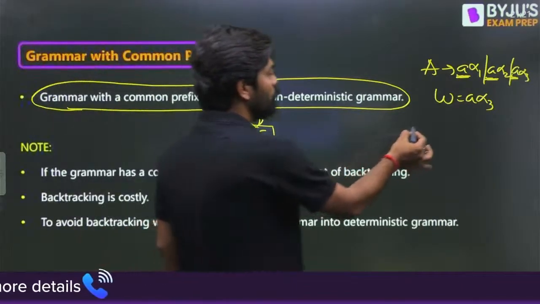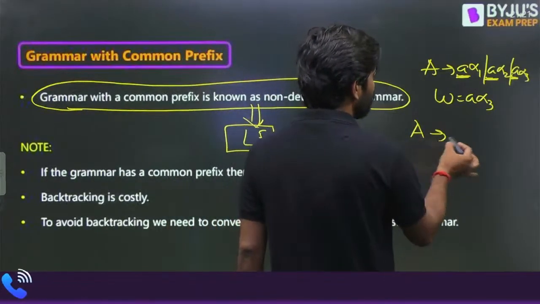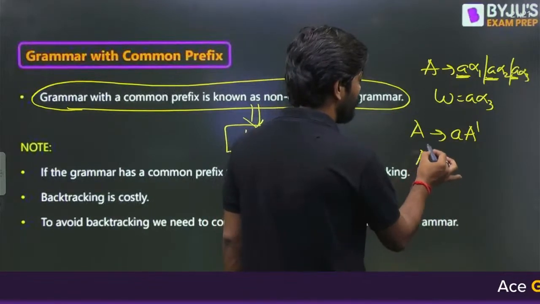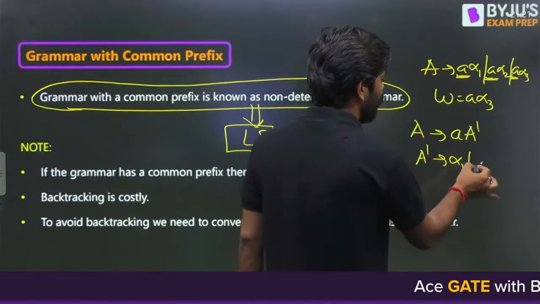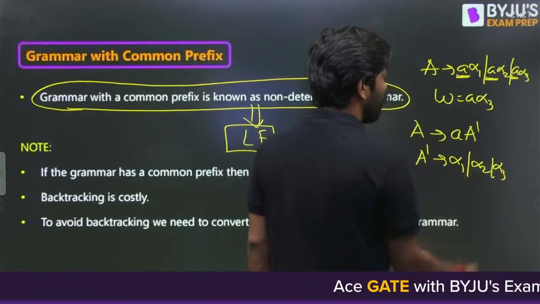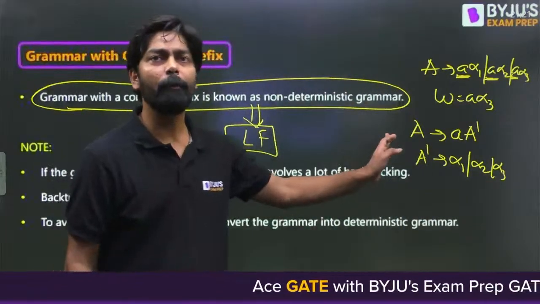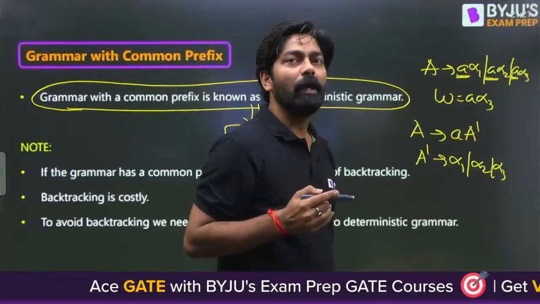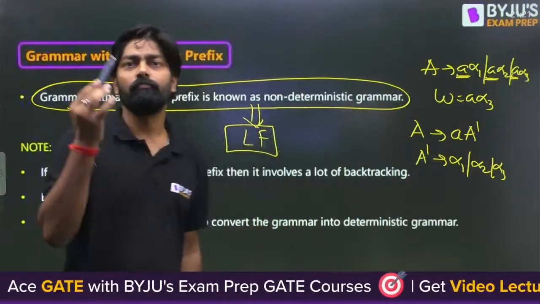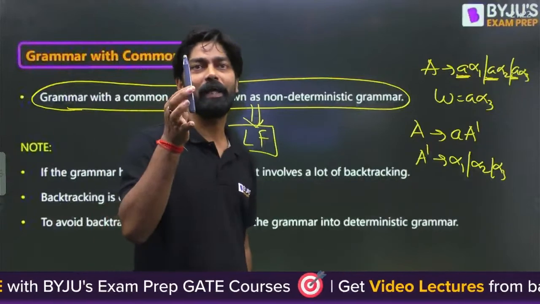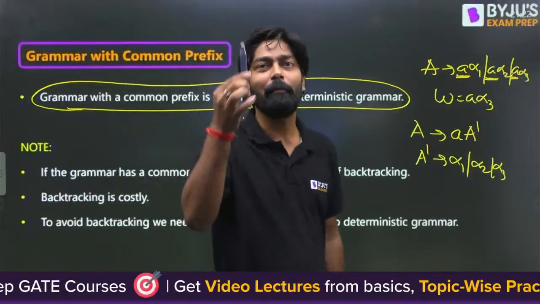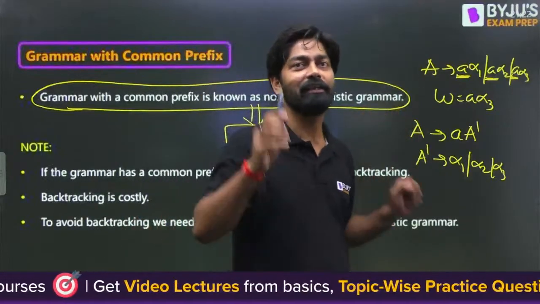See, you can do it like this. A goes to A dash, and A dash goes to alpha 1, alpha 2, alpha 3. Now see here, there is no common prefix. Before, all were fighting. If I say I will give this beautiful pen to those whose name starts with A, all will say, sir, I am the one.